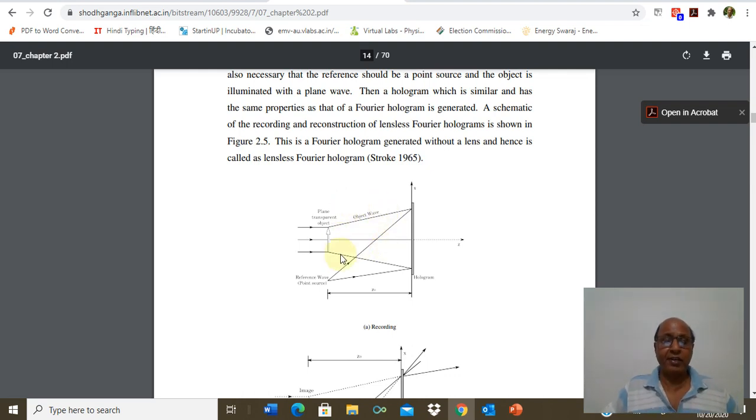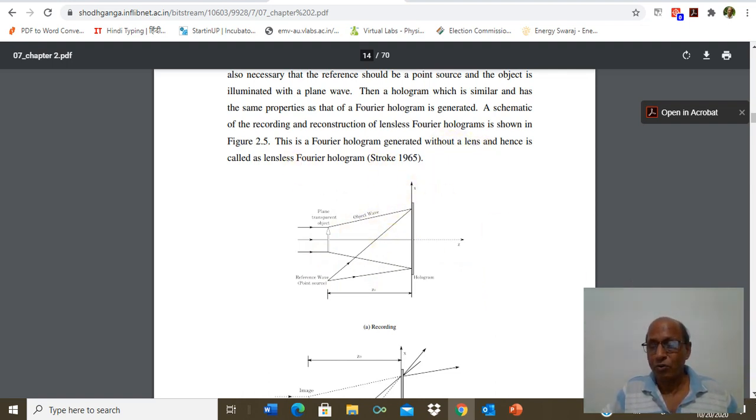Now it has one advantage, that you are not using a lens. So there is a natural divergence of waves from the object, scattered waves from the object, and there will be a positioning of the reference wave at the same plane so that the light coming from this and from the object are interfering and form interference fringes. Such a type is called a Fourier hologram and also a lens-less hologram.